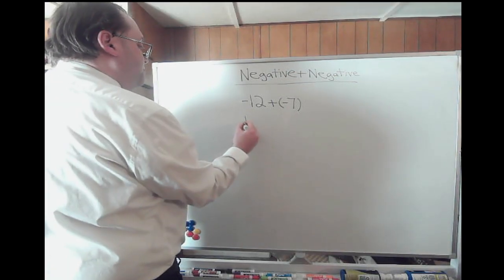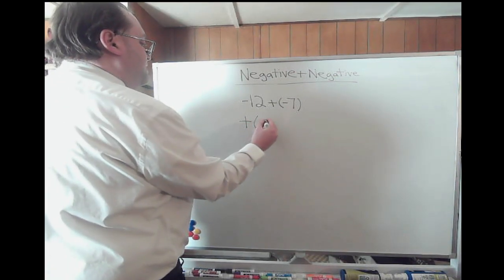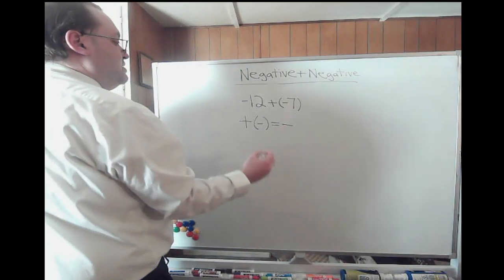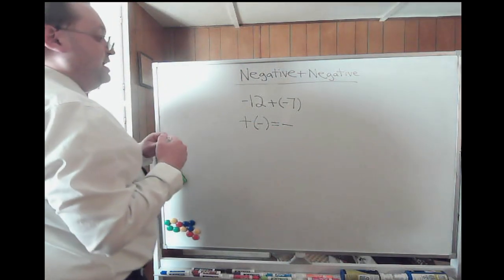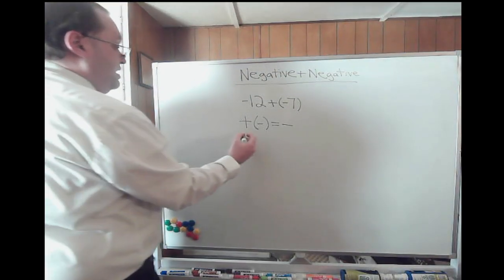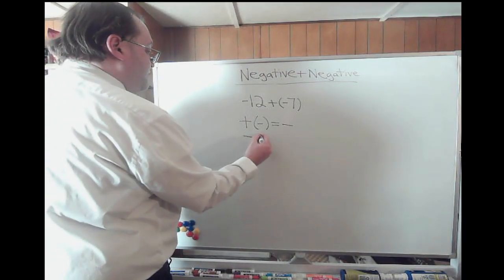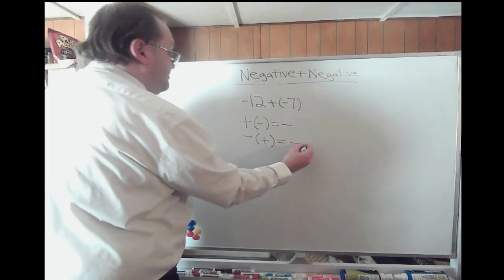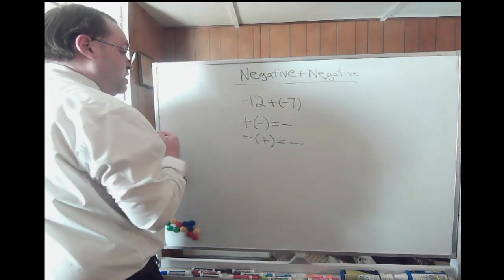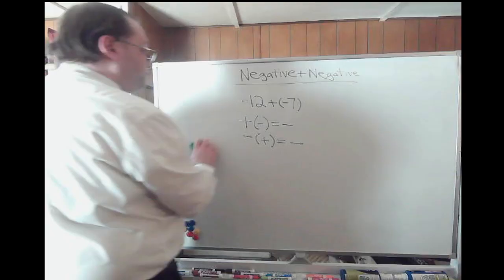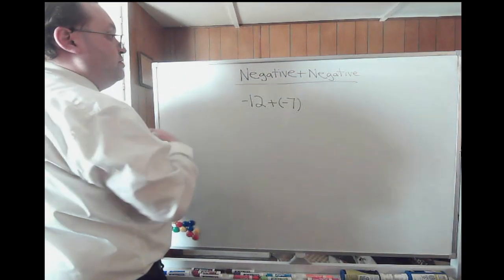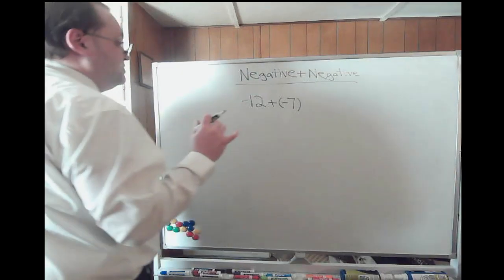Whenever you have plus a negative, that is equal to minus. So plus a negative equals minus. On the opposite side, if you have minus a plus, you would also have minus. So what you can do, there's a trick for negative numbers.